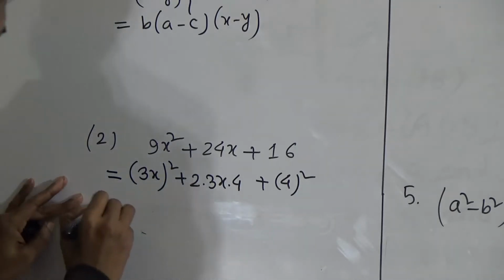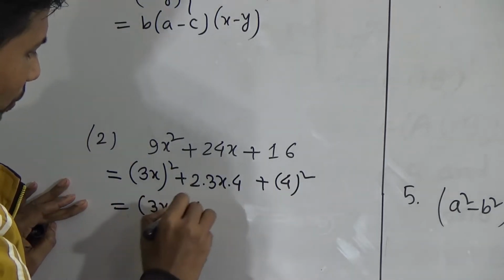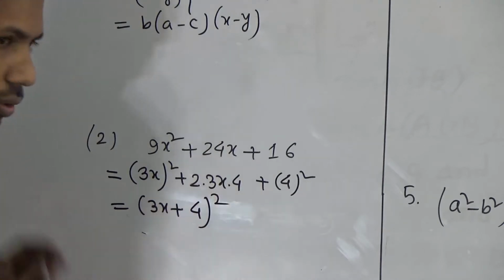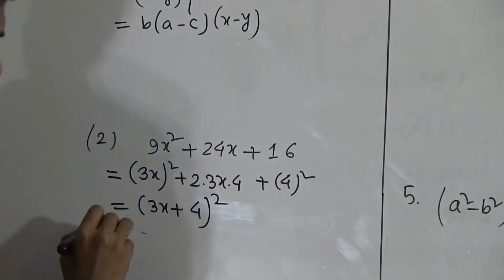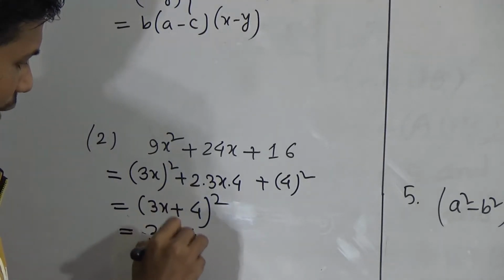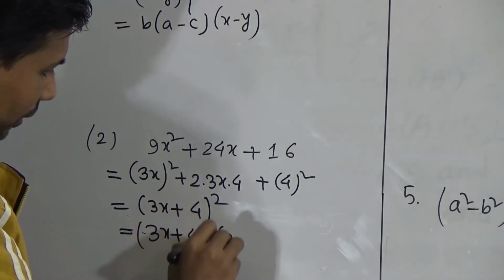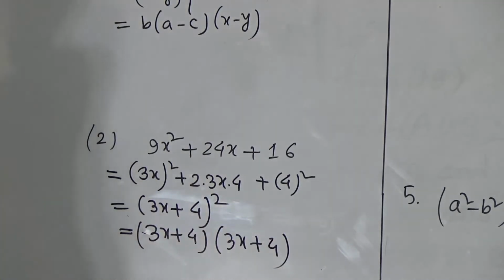Then we can write here 3x plus 4 whole square. Okay. This is the required factor. You can write this factor this way also, 3x plus 4 and 3x plus 4. Okay student, I hope you understood.